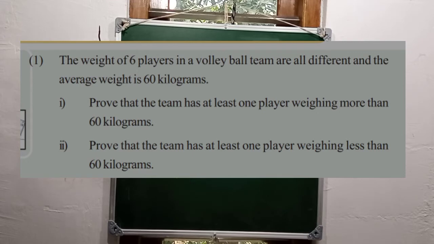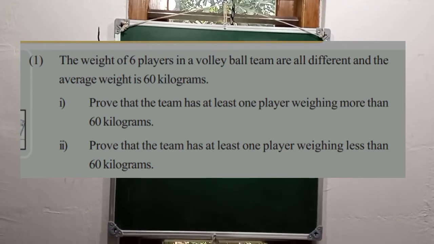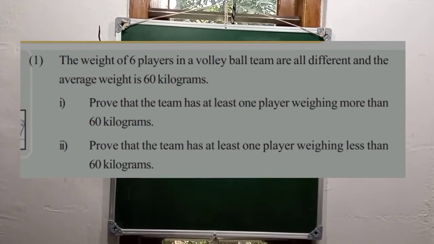Second, prove that the team has at least one player weighing less than 60 kilograms. We know the result. What is the result? The average of any set of numbers between two fixed numbers is also between these two numbers. Our first question is to prove that the team has at least one player weighing more than 60 kilograms.